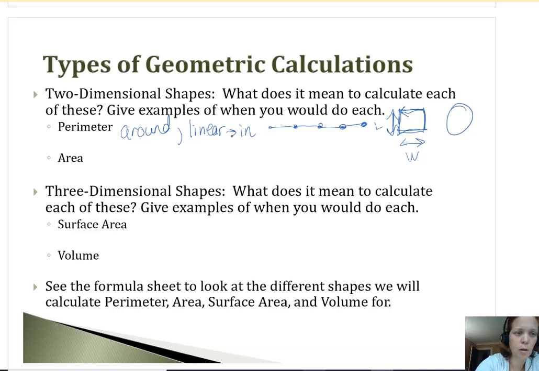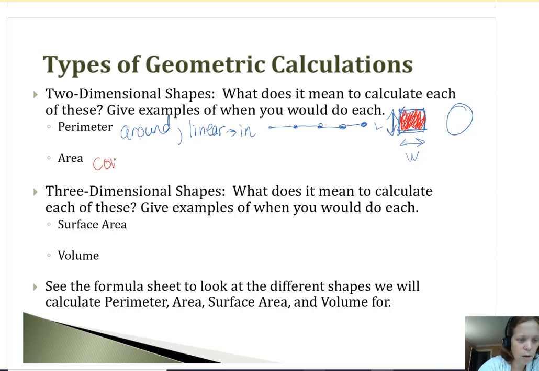Versus area, where we're now shading in this square. What's the two-dimensional area covering? Like in a house, you're going to put down carpet in a room. How many square feet or square yards do we need to cover the floor? So that's two-dimensional now.